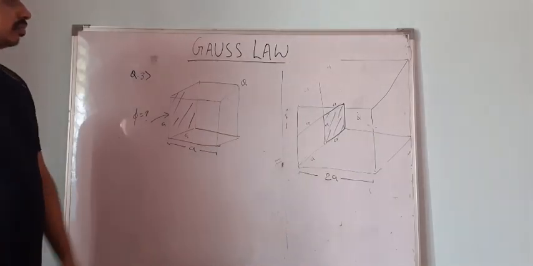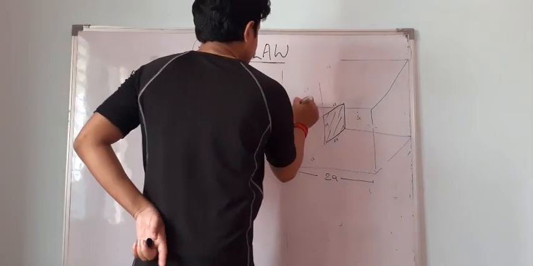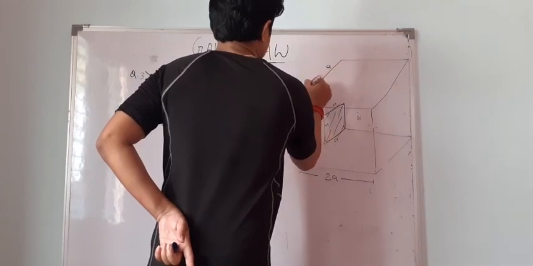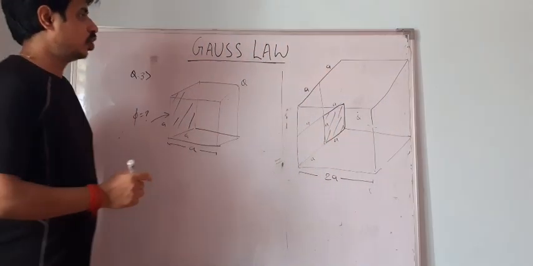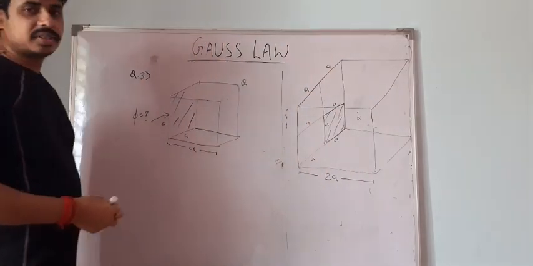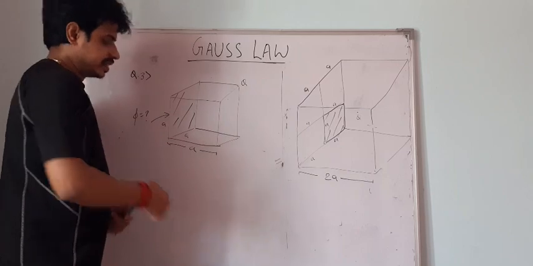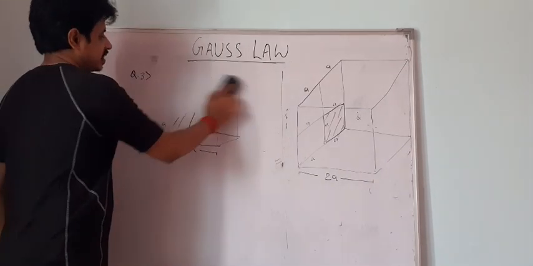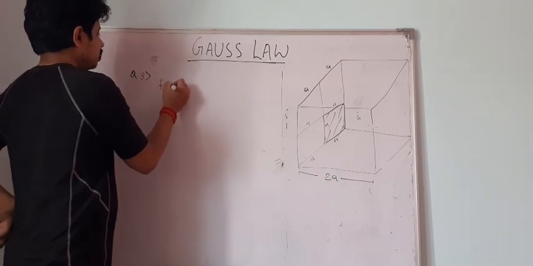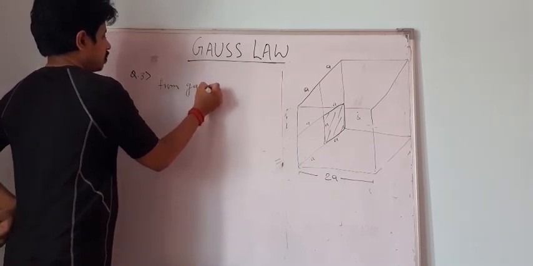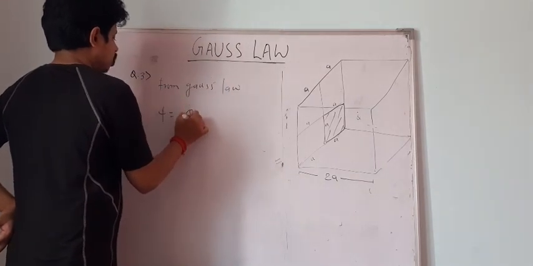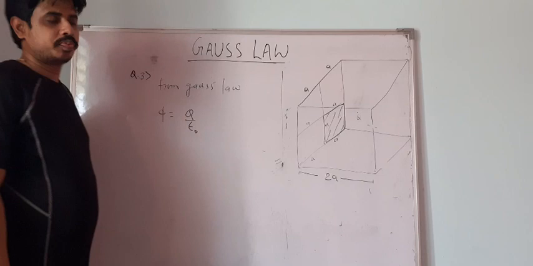So again, suppose this total bigger cube has a flux phi through all its surface area, through all its faces, then from Gauss law phi is again q by epsilon naught.